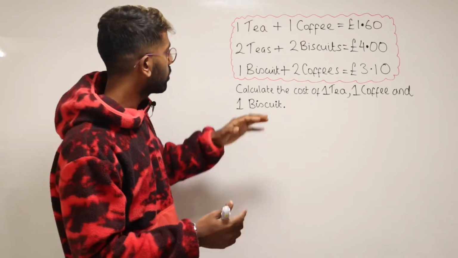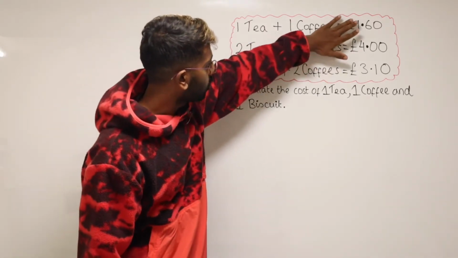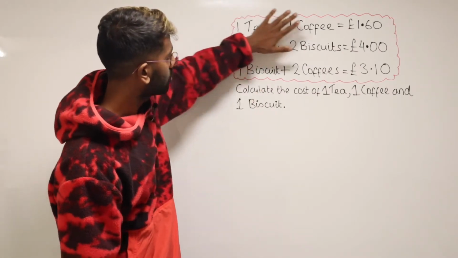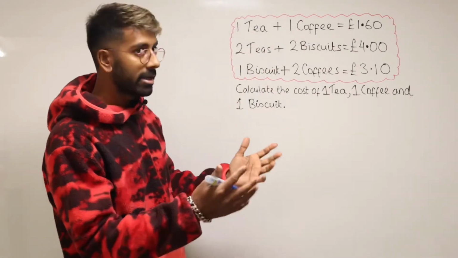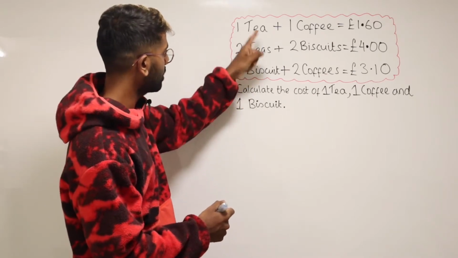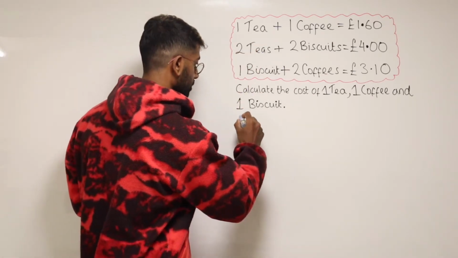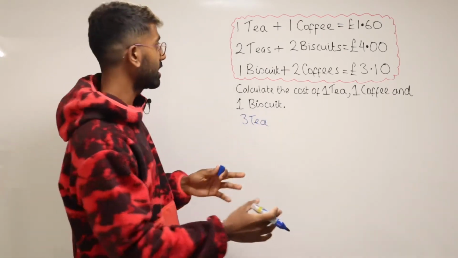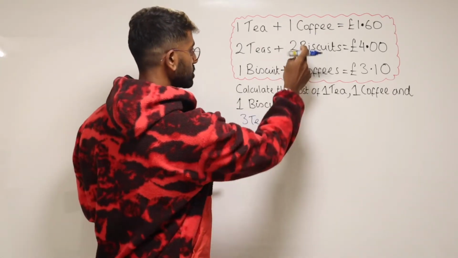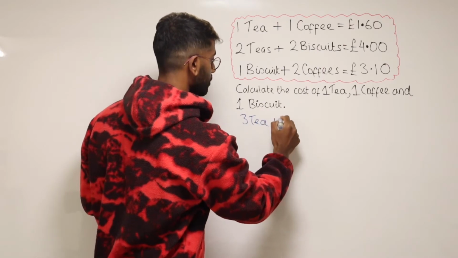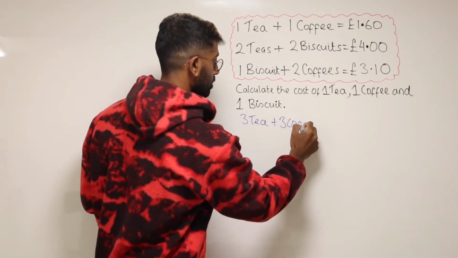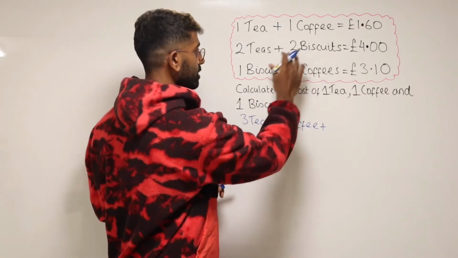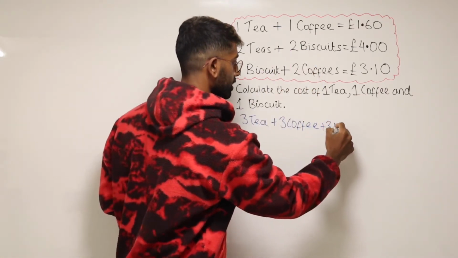So what does this mean? Well, if you added the cost of all of these together, imagine we bought everything on this list. Then we'd be buying 3 cups of tea in total. We'd also be buying 3 cups of coffee because there's 3 coffees here. And we'd also be buying 3 biscuits as well.